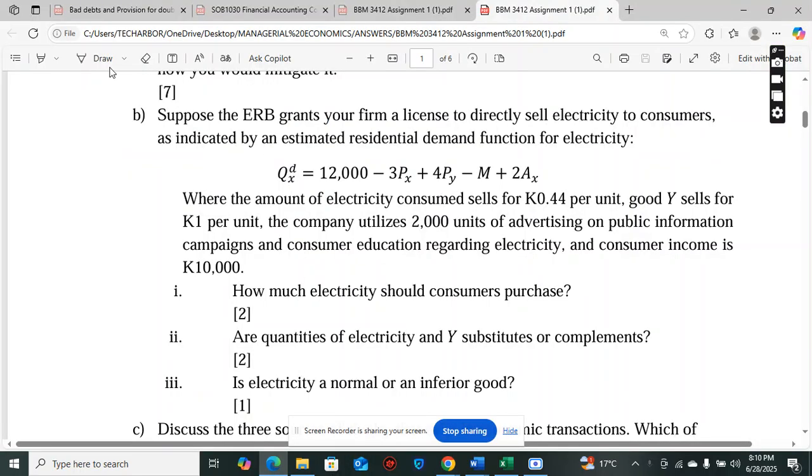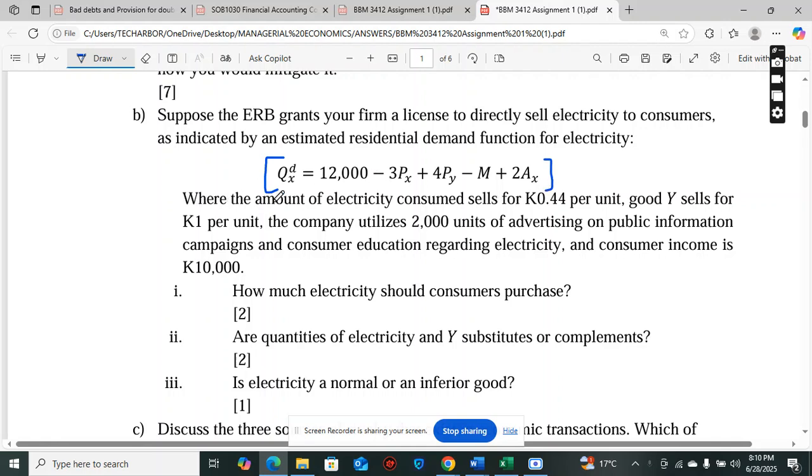Okay, we've got this question here. It says, suppose the ERB grants your firm a license to directly sell electricity to consumers, as indicated by an estimated residential demand function for electricity. So this is our demand function here, right?